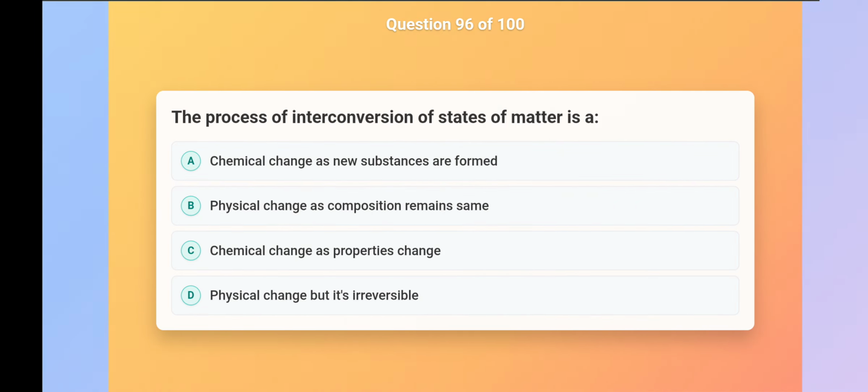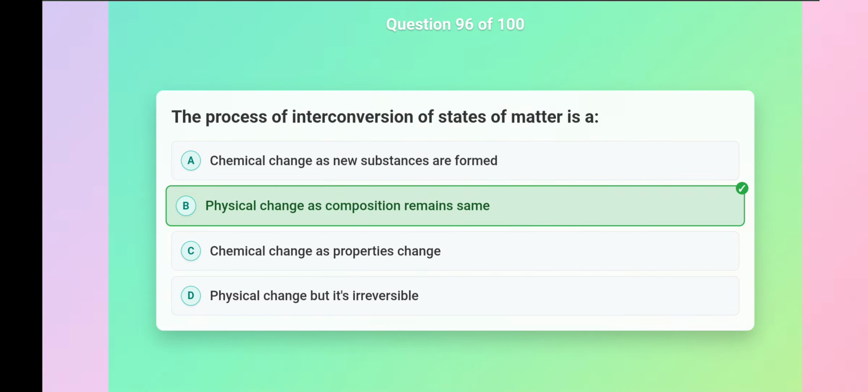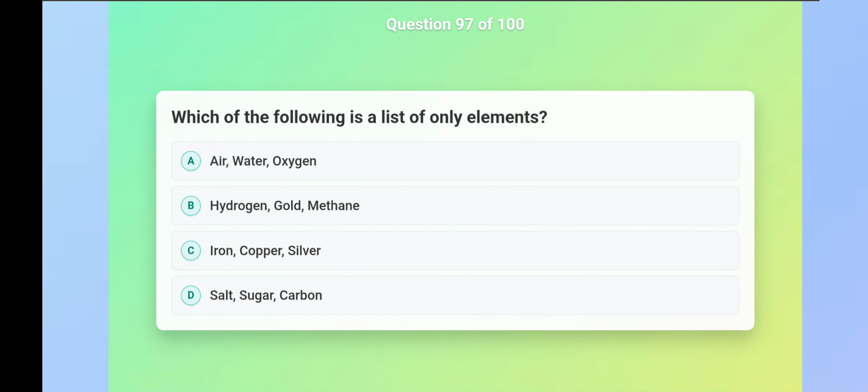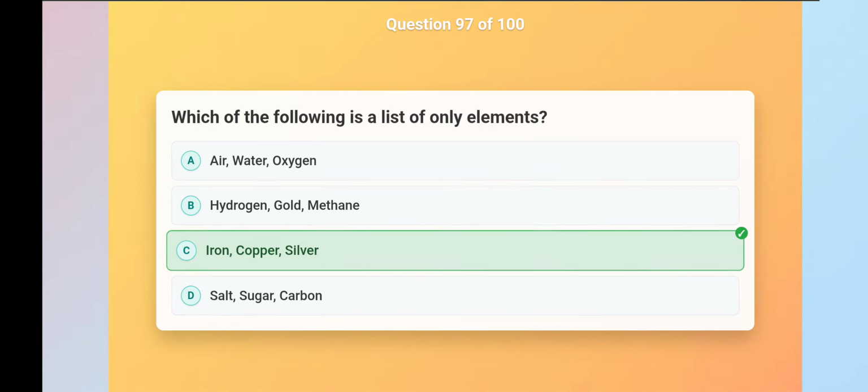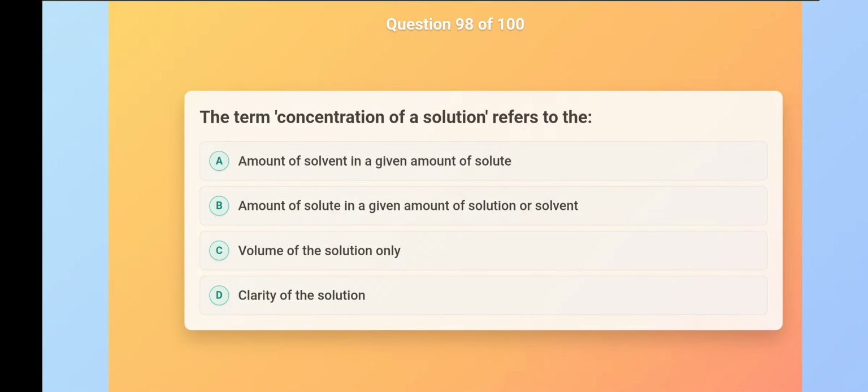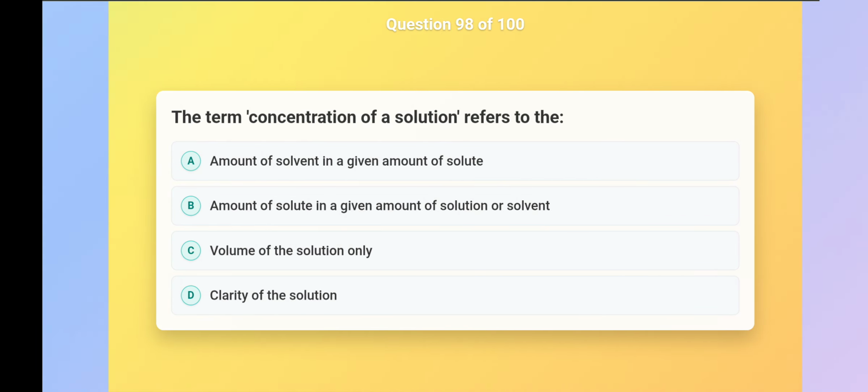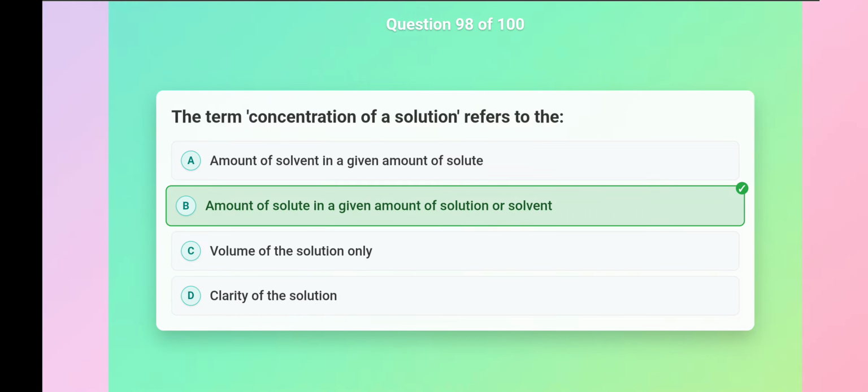The process of interconversion of states of matter is a physical change as composition remains same. Which of the following is a list of only elements? Iron, copper, silver. The term concentration of a solution refers to the amount of solute in a given amount of solution or solvent.